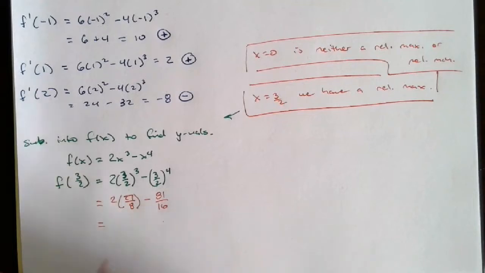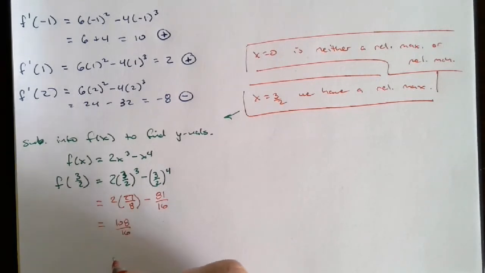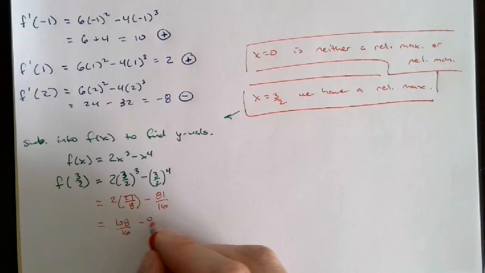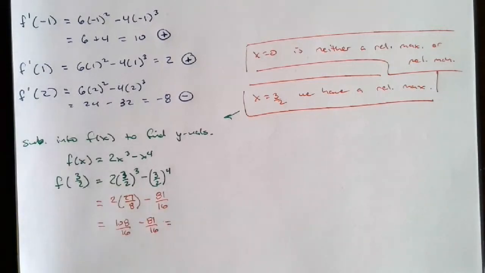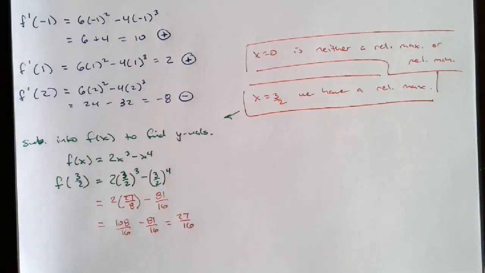You can simplify this by getting a common denominator. 2 times 27 would be 54 over 8 here. And then multiplying by another 2, we end up with 108 over 16 to get a common denominator, minus 81 over 16. And that's equal to 27 over 16. If it doesn't reduce, which in this case it doesn't, that's okay.